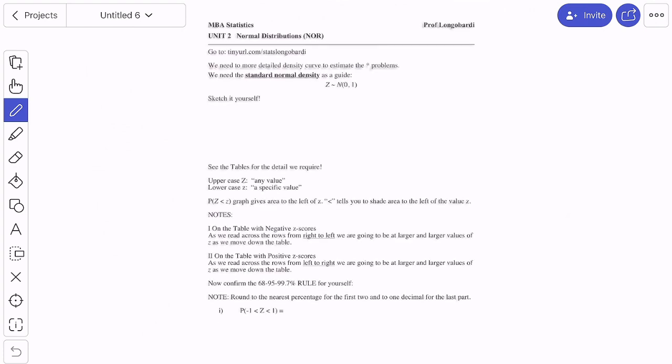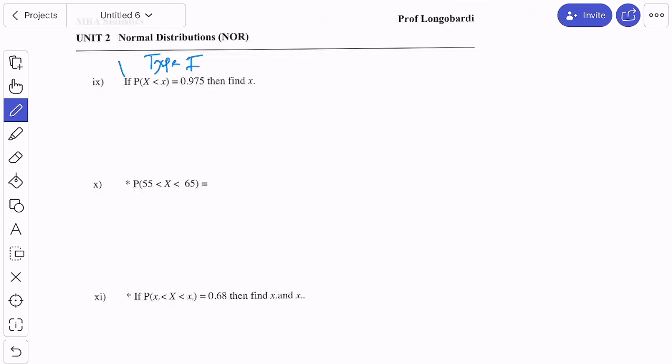Okay, so this is an X type 1 problem. That's what I was doing before, where you find the probability given values of X.